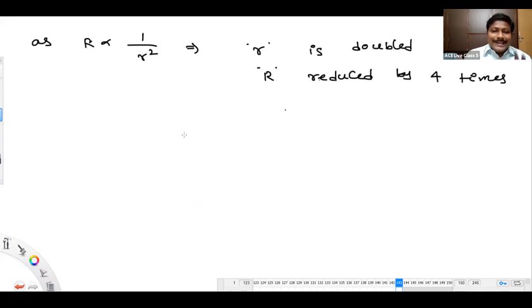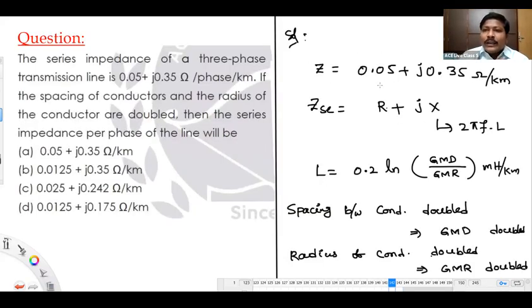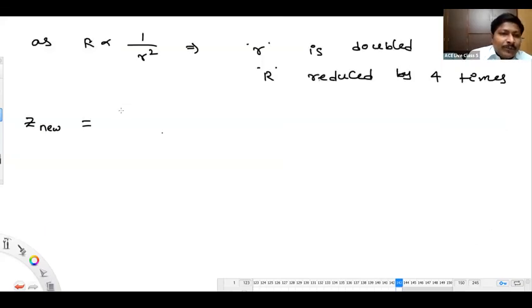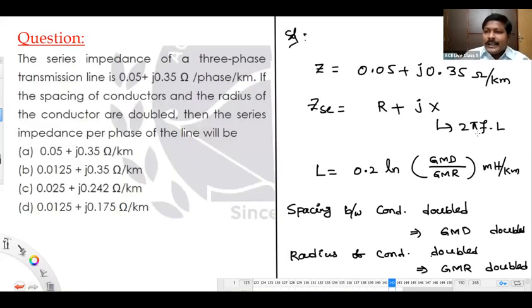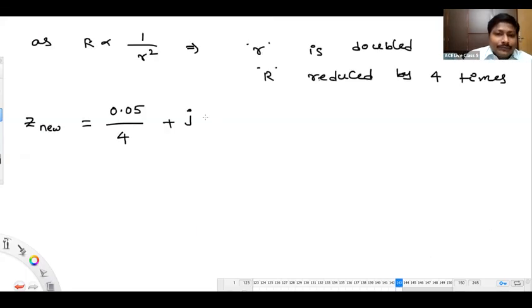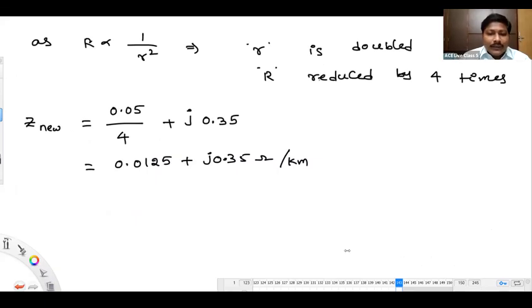So with this change, the new series impedance will be: resistance reduced by 4 times means 0.05 by 4, the real part, plus J, the imaginary part, which is 2 pi F into inductance. Frequency no change, inductance no change, so it remains the same at 0.35. So it will be 0.125 plus J 0.35 ohm per kilometer.